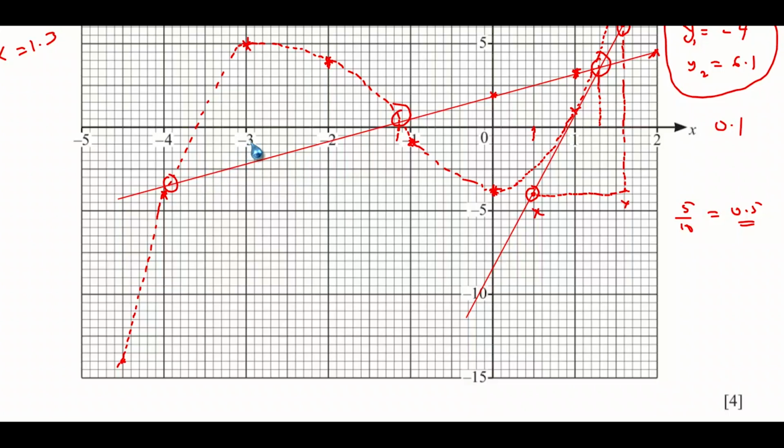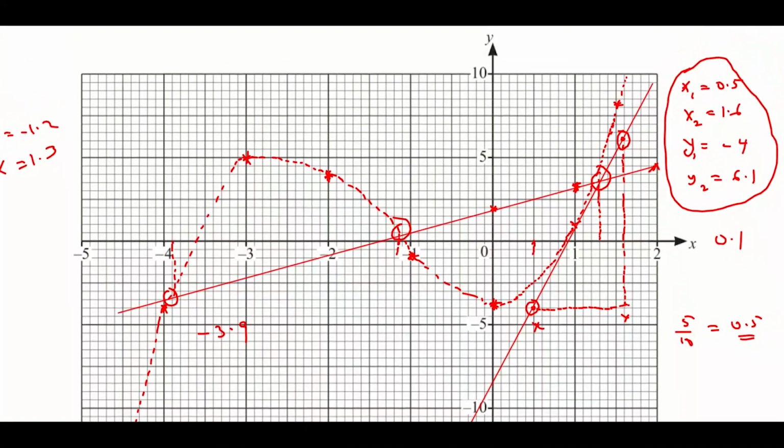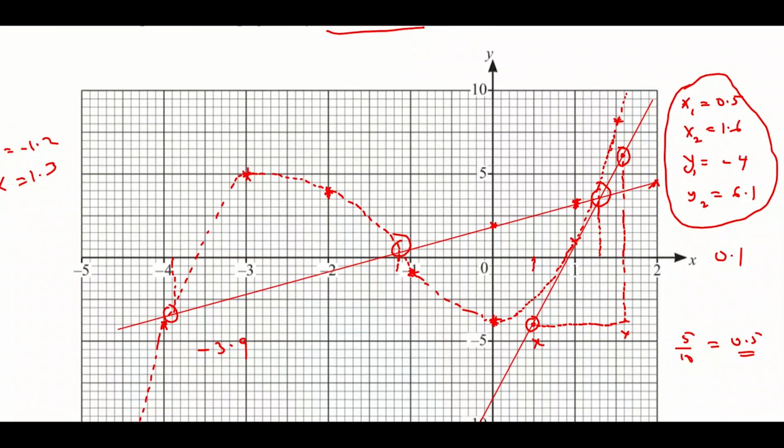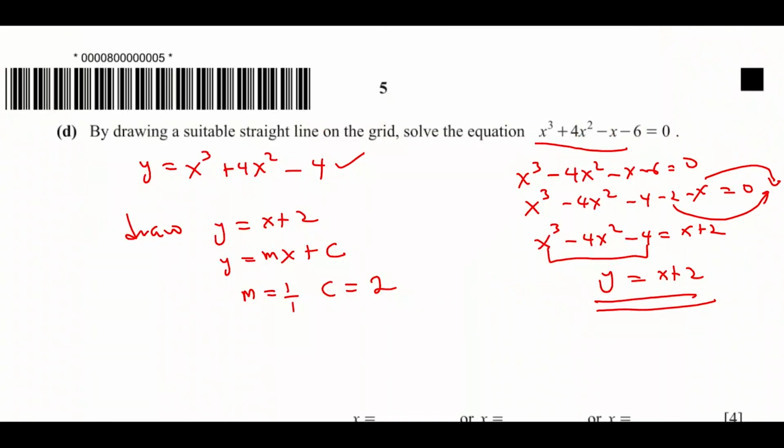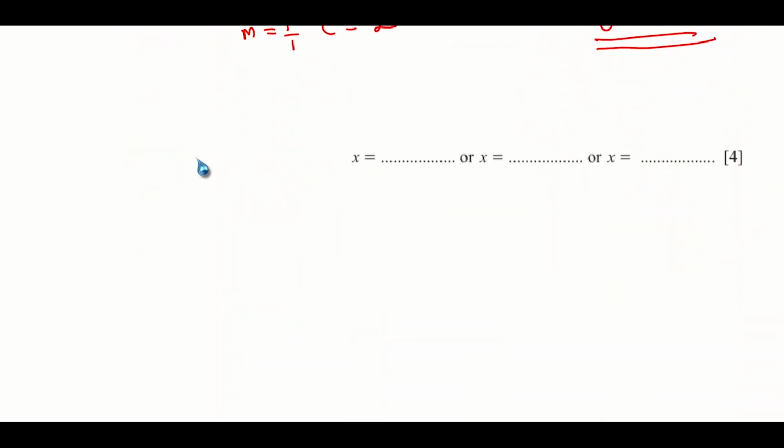That will be minus 3.9. So x will be equal to minus 1.2, or x equals minus 3.9.